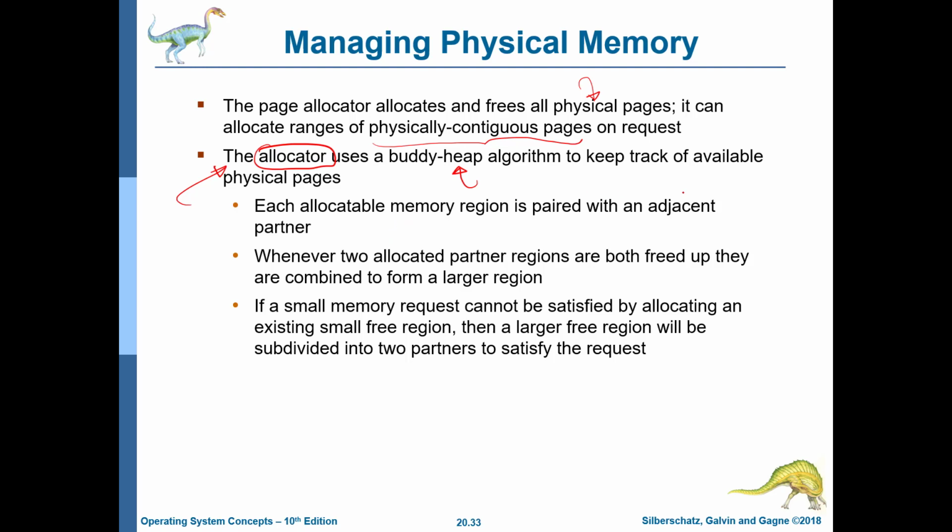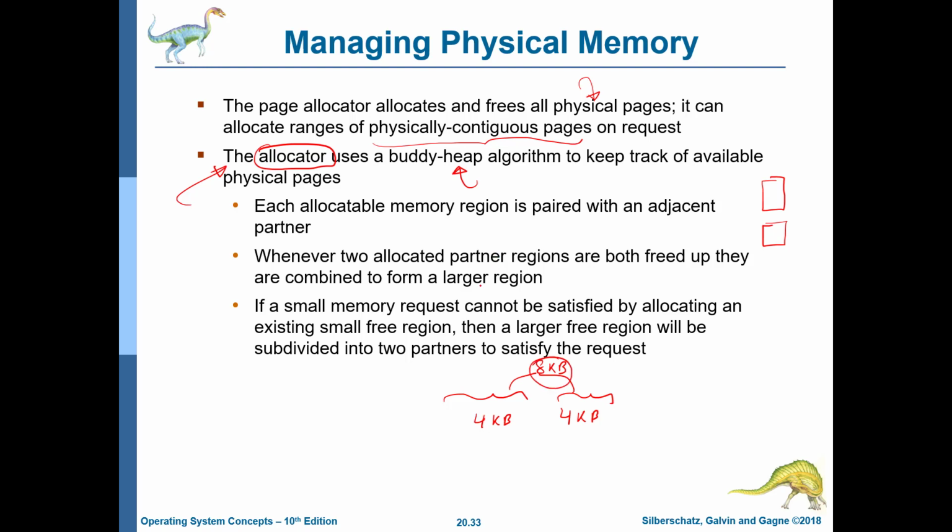What happens is that we create memory regions where each memory region is paired with an adjacent partner of the same size. If, let's say, one 4 KB chunk and another 4 KB chunk both become free, we combine them and create one 8 KB chunk.